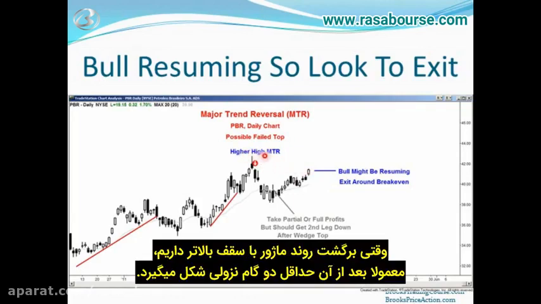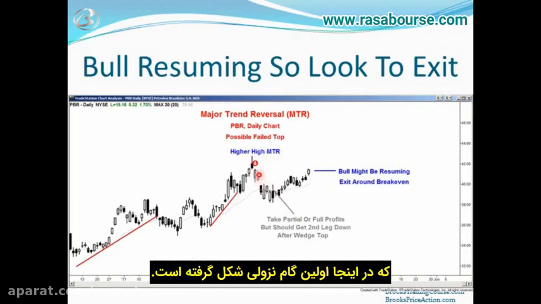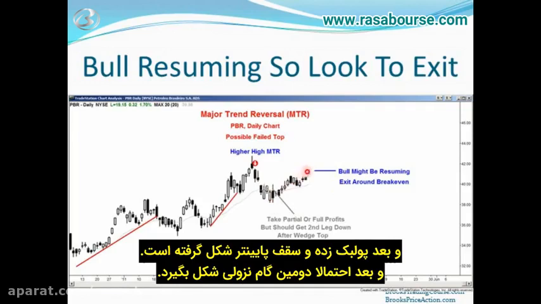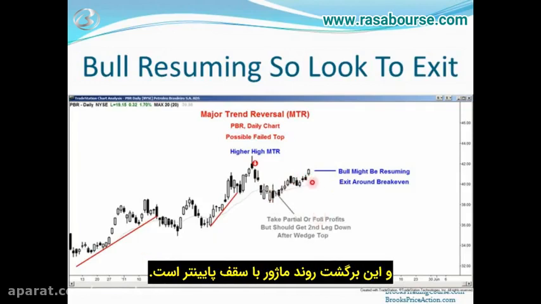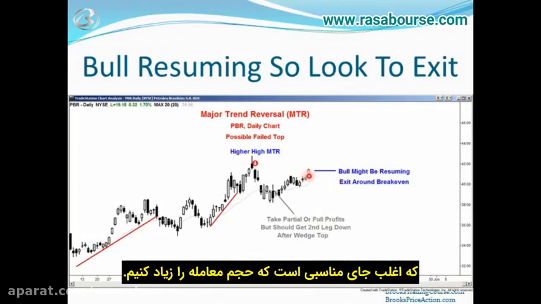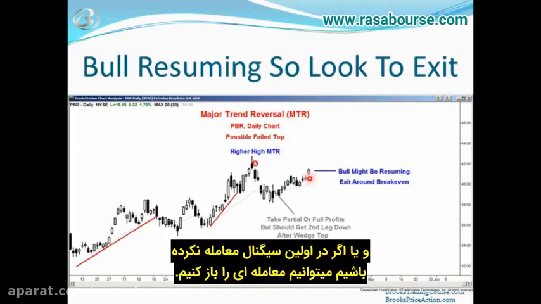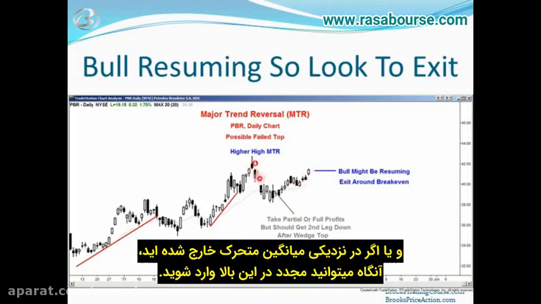After higher high major trend reversals, you usually get at least 2 legs down, and you get a first leg and then a pullback to a lower high and then a second leg down, and that lower high is a lower high major trend reversal, and it's often a good location to add to a position or put on a position had you not taken the original position, or if you exited down around the moving average.